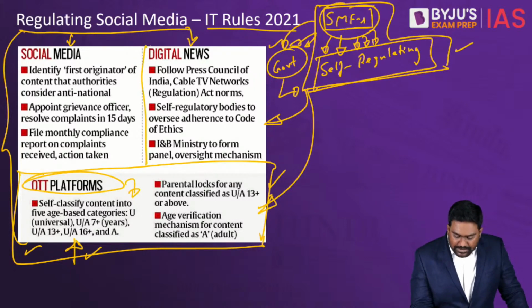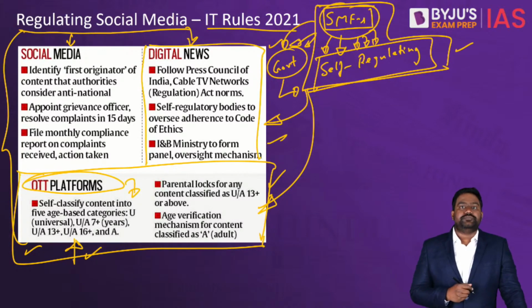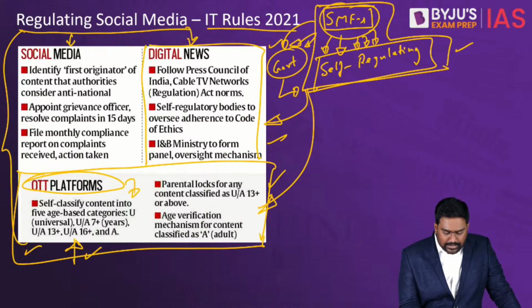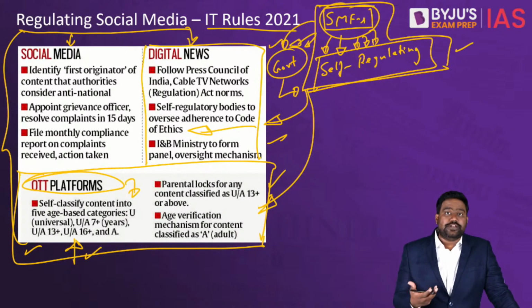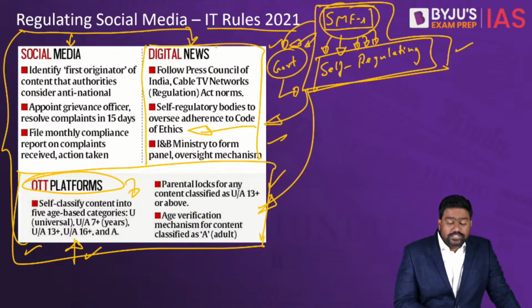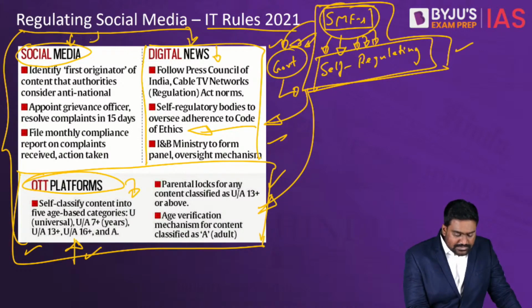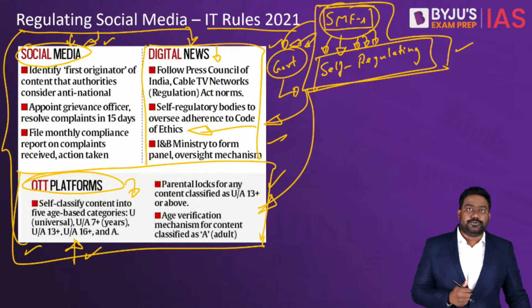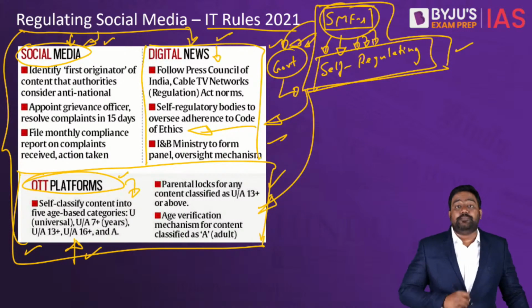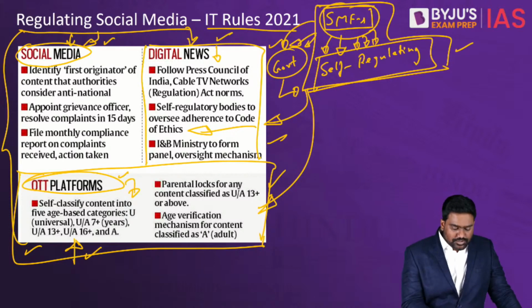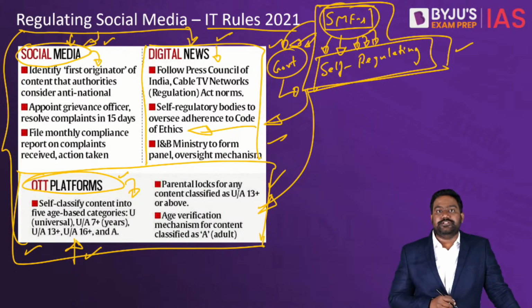With regard to digital media, digital news platforms, self-regulation was promoted in order to protect the independence of the press, the freedom of speech and press. But on the other hand, for social media firms, the government went in for strict regulation. While self-regulation was promoted for digital news and OTT platforms, very strict regulation was promoted for social media intermediaries.